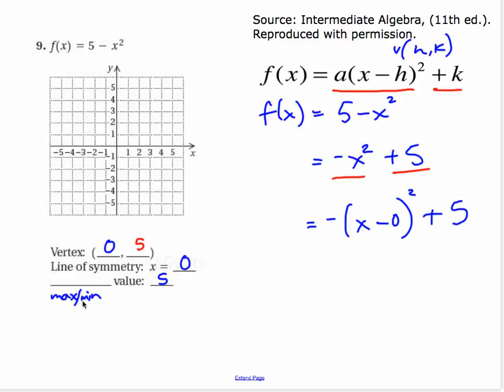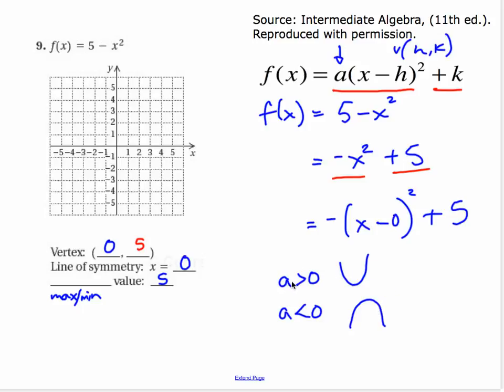To find that out, I look at whatever a is. In the Scribblecast and in class, we talked about if a is positive, or in other words greater than 0, the parabola will look like this. But if a is less than 0, then the parabola is going to look like that.